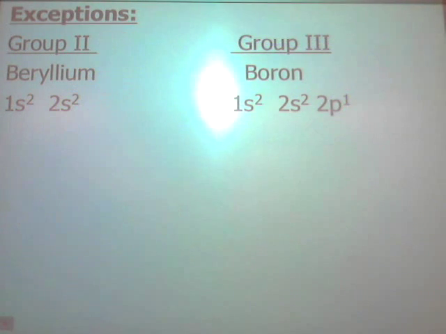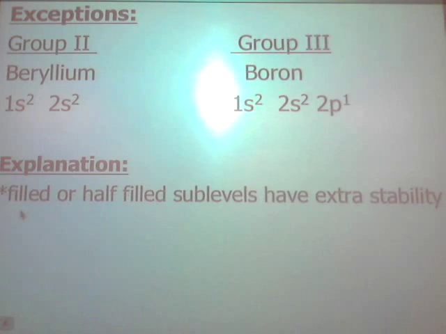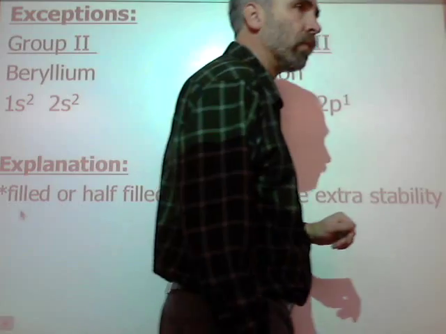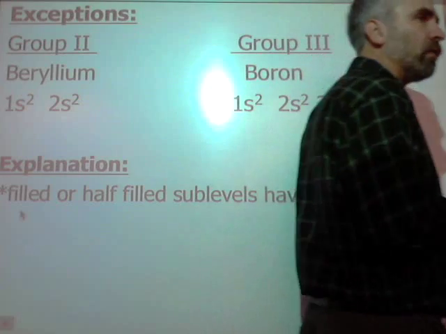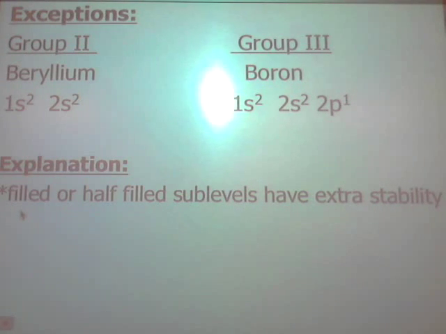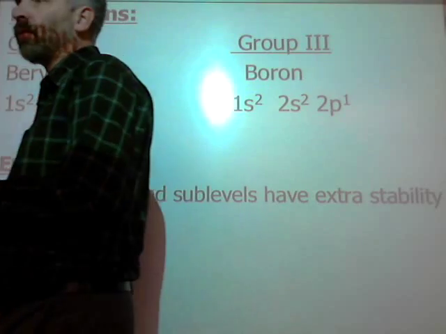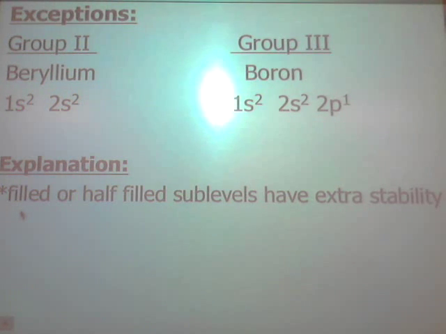For two reasons. One, these are reasons for the exceptions. All right? Filled or half-filled sublevels tend to have extra stability. I've mentioned that before when we talked about the exceptions, which we didn't do a lot with. I told you that's not a big deal. Matter of fact, I just saw some of the stuff on the AP exam. They don't really stress that very much. They're not making you memorize which ones are exceptions.